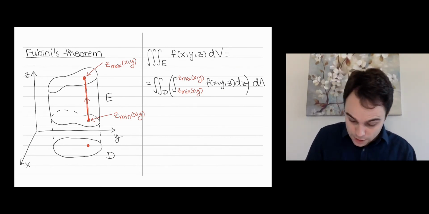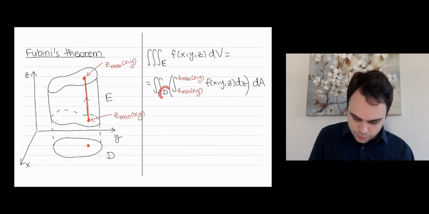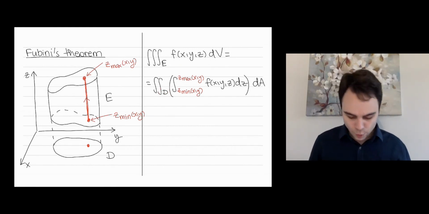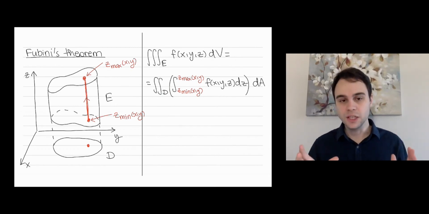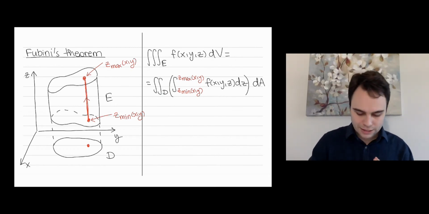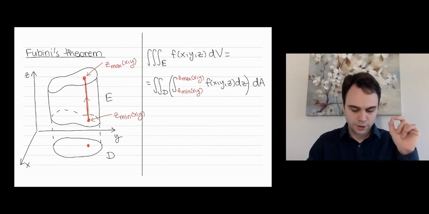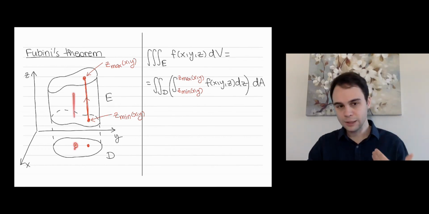I should be a little bit more precise about what this region D is. Here's how you get a point of D. You start with a point in the solid region E, and then you forget about its z coordinate. You get a point in the plane.